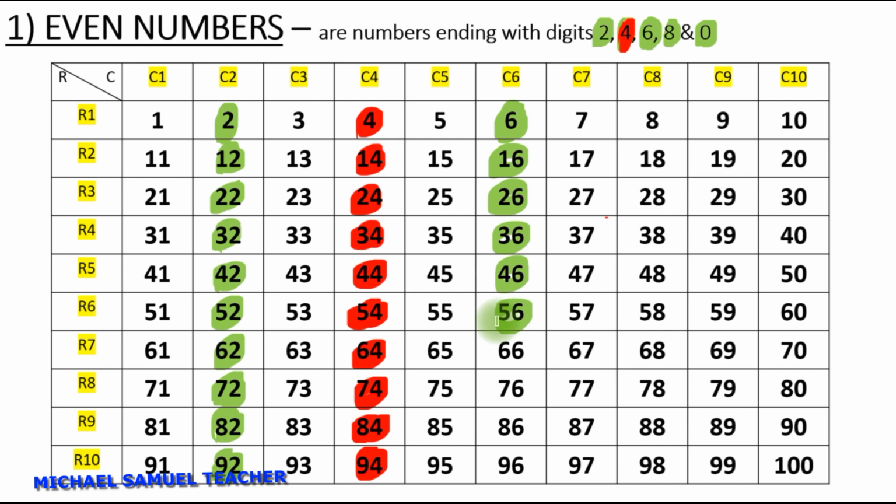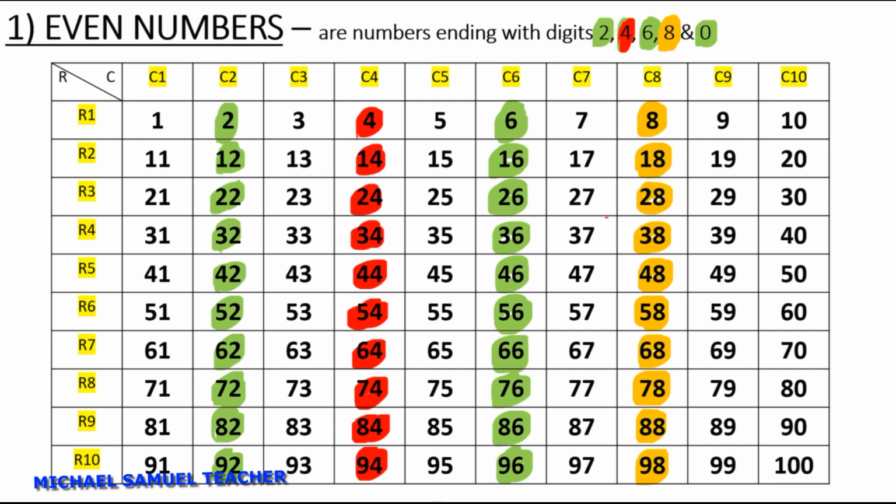They are all even numbers. Then numbers ending with digit 8. So we have 8, 18, 28, 38, 48, 58, 68, 78, 88 and 98. So these numbers are even numbers.